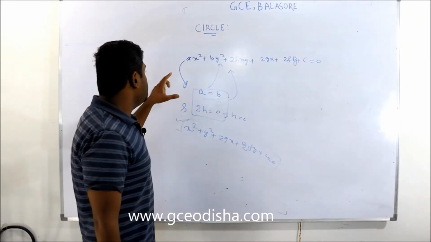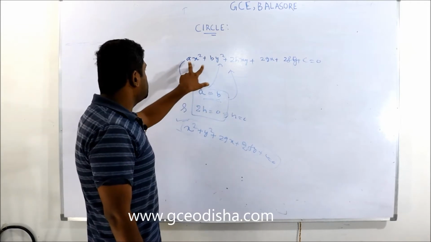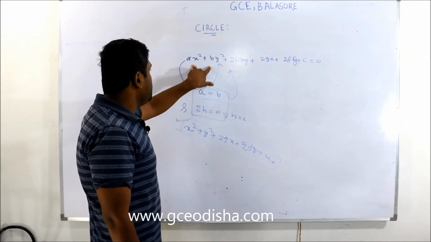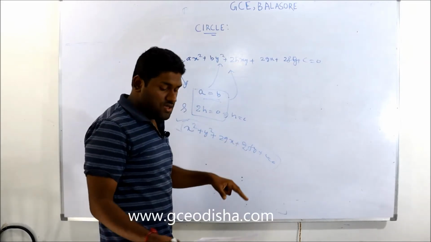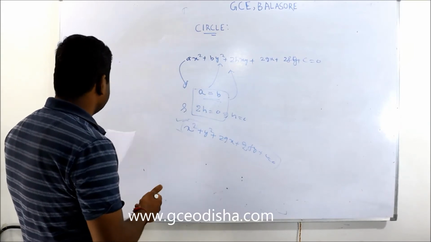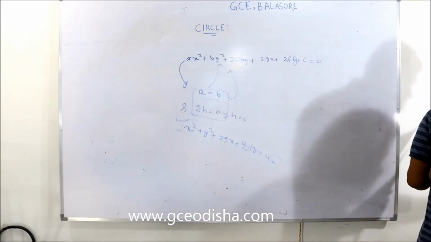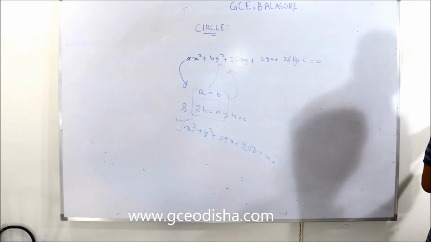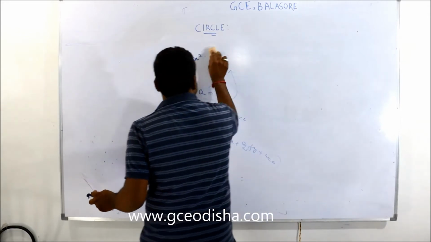You just see if a is equal to b and the h term is 0, then this is the equation of the circle. Okay, and then I'm giving some 3-4 generalized conditions of the circle.